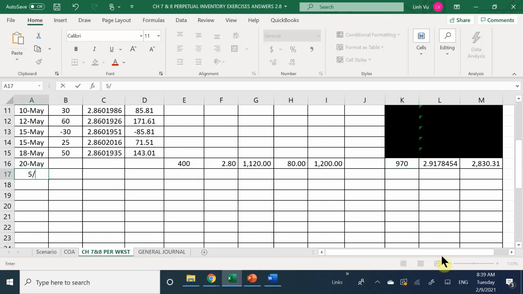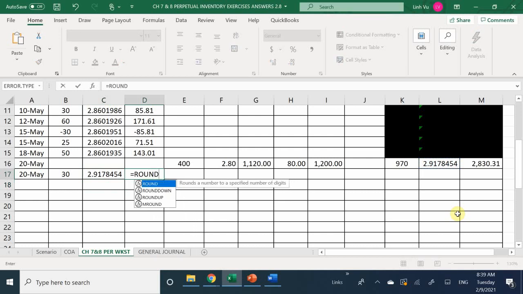So on May 20th, we sold 30 mugs. At what average cost is each cup? 2.9. Good. So then what's my total cost of goods sold? 87.54.